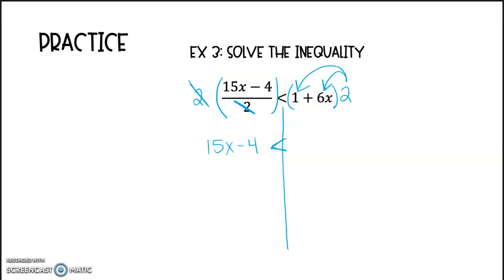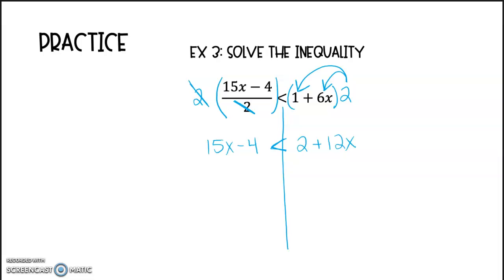So 2 times 6x and 2 times 1. So I'll do 2 times 1 first. That gives me 2. 2 times 6x is 12x. All right, so now I need to get all my variable terms on one side, all my constants on the opposite side. So I see 15x on the left side, 12x on the right side.